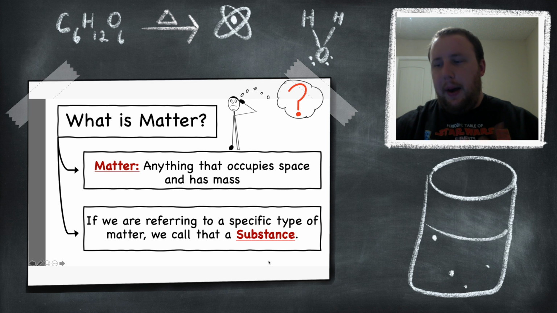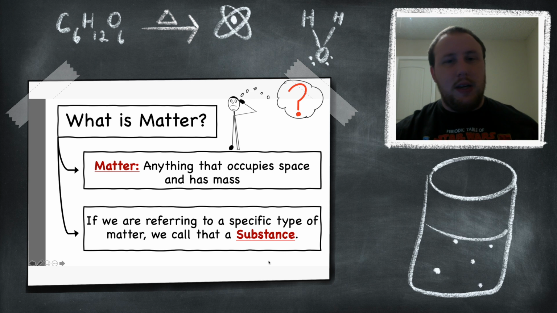If we are referring to a specific type of matter in chemistry, we like to throw a lot of terminology at you. If we are talking about a specific type of matter, we usually want to refer to that as a substance.